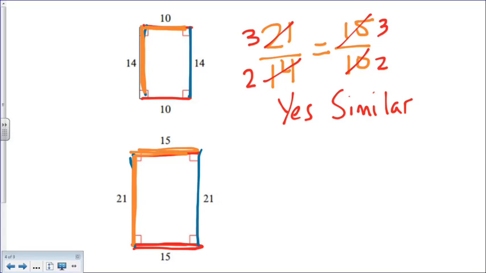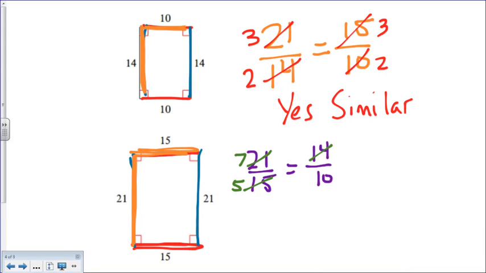Another way you could do this problem is to compare length and width at the same time. You could say 21 to 15 should equal 14 over 10. So the length over the width for one should be the same as the length over the width for the other. For this fraction, 3 goes into 21 7 times and 3 goes into 15 5 times.